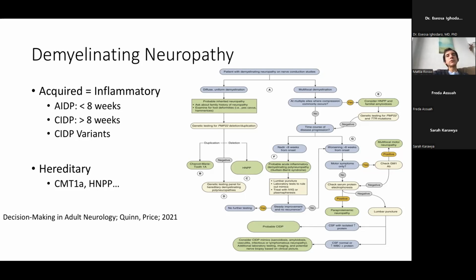Another test you could do is an MRI of the spine. It wouldn't show a spinal process, but it may show enhancement of the roots, because remember, it's a polyradicular neuropathy. And the last thing, definitely a nerve conduction study, if you can get it urgently, emergently, that may show you whether there is axonal or demyelinating involvement.